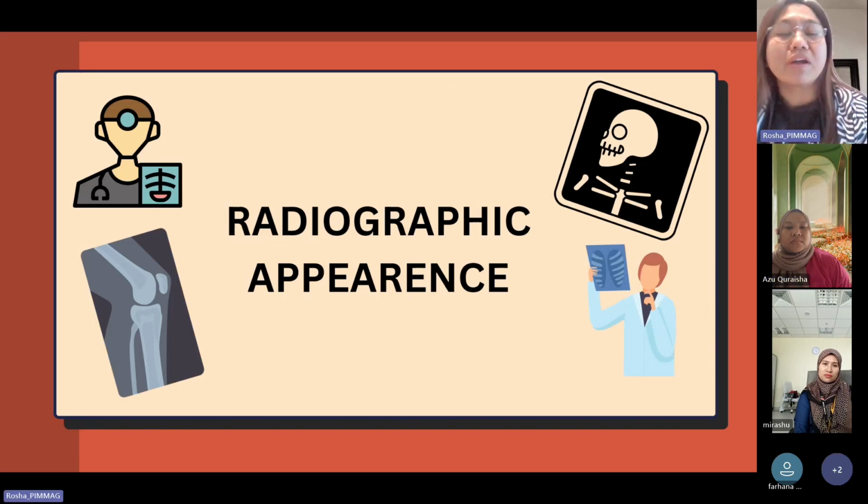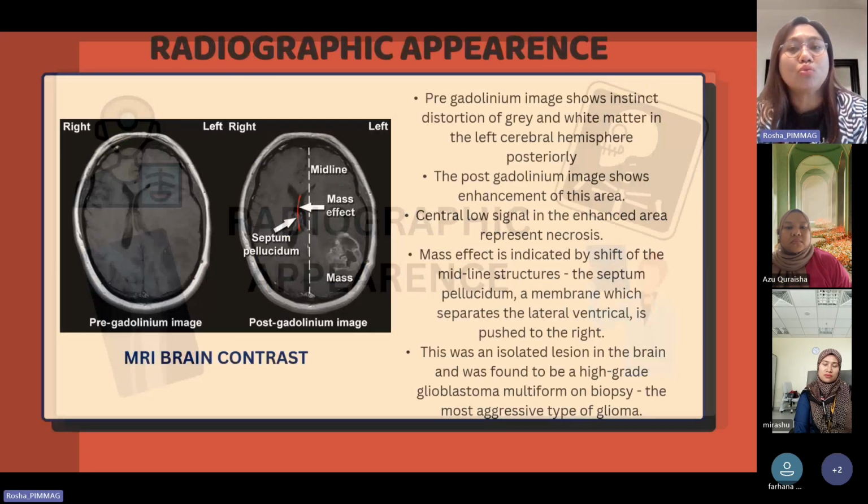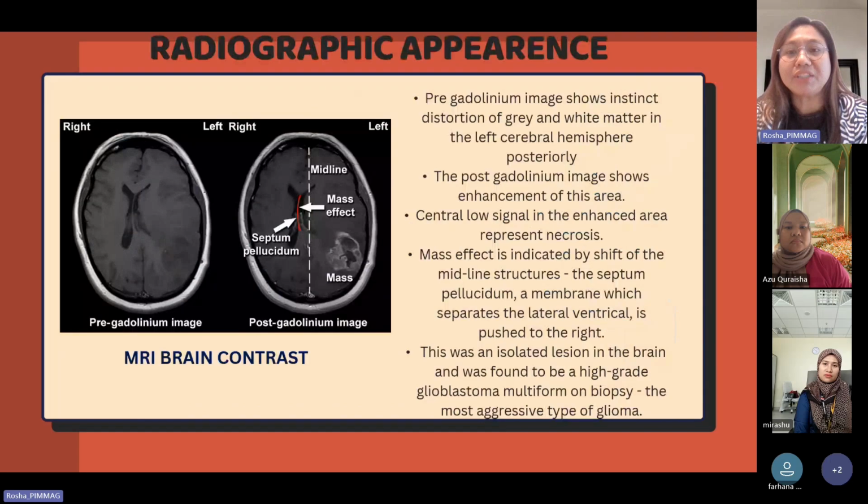So this is the radiographic appearance of what you will see if a patient has a glioblastoma. On the right images here, the pre-gadolinium image shows distinct distortion of gray and white matter in the left cerebral hemisphere posteriorly. On the post-gadolinium image, there is enhancement of this area.